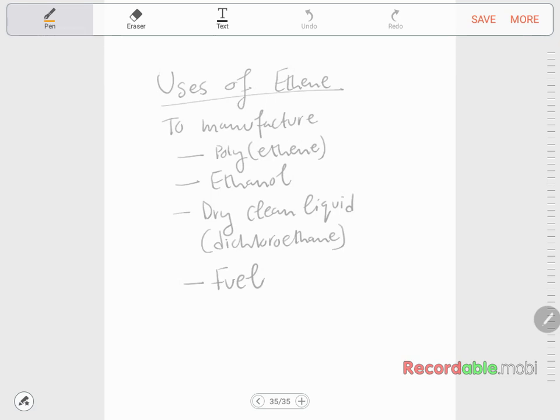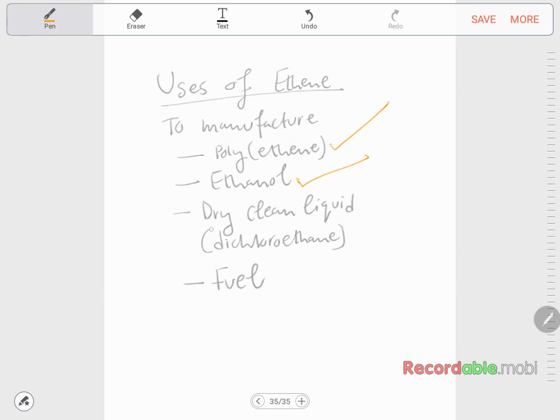Before I end this video, I want to talk about the uses of ethene. So as I have just discussed, it is used to manufacture polyethene. It is used to manufacture ethanol, which is a type of alcohol, which I'll be talking about in a later video.